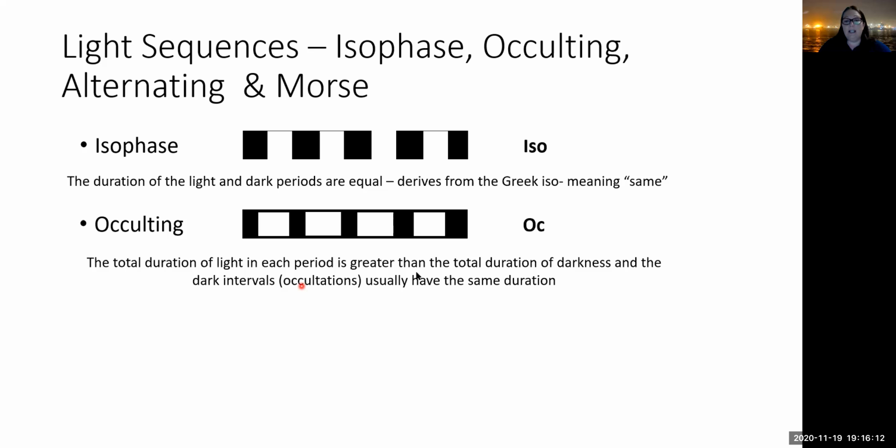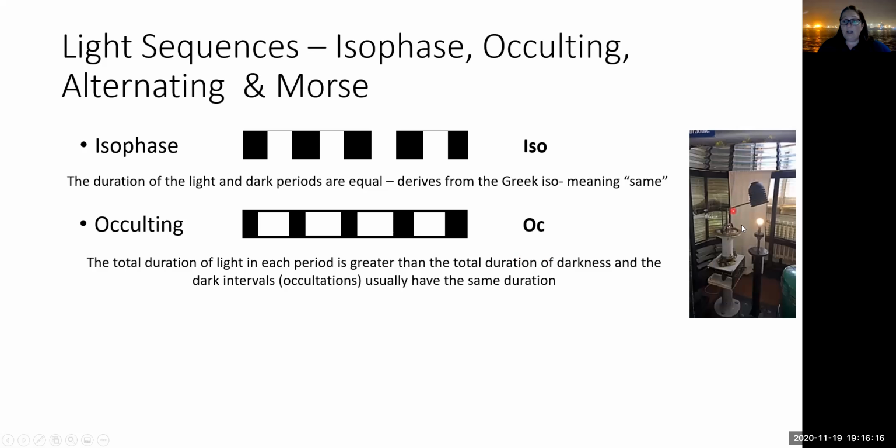And traditionally, just as a little bit of a pub quiz question for you, the picture on the right here actually shows an old-fashioned occulting light, and it's driven by clockwork. So the clockwork mechanism sits in here. This is an old American lighthouse. The clockwork mechanism sits across here, okay? And as the clockwork mechanism turns around, this will lower and it will shut the light off, and then it will raise again.